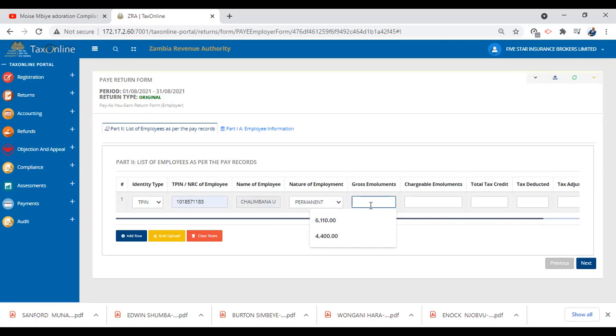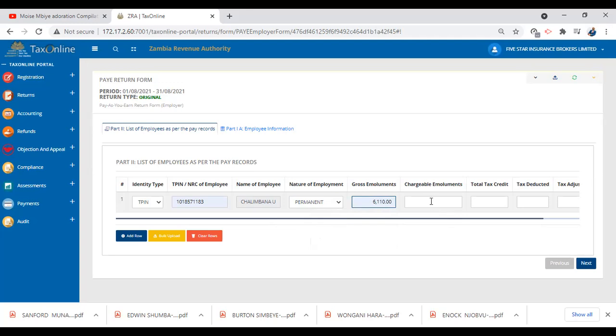Like in a particular month, if you have paid gratuity or pension, then you may not have to include that amount. But all the other emoluments must be applied. Let's take it, for instance, that this person gets this amount, 6,110 kwacha. So you type it in there.